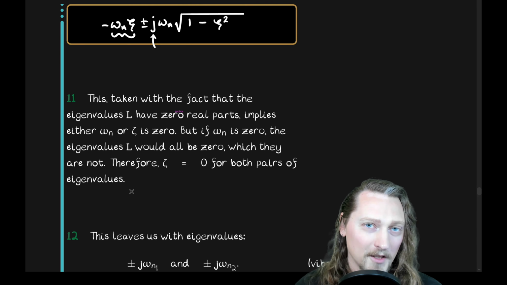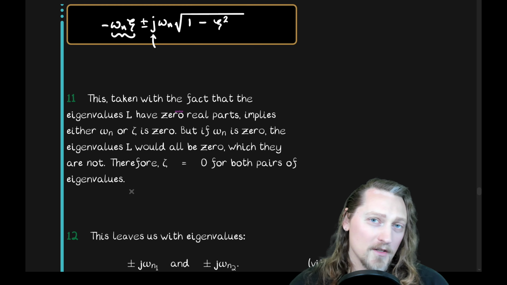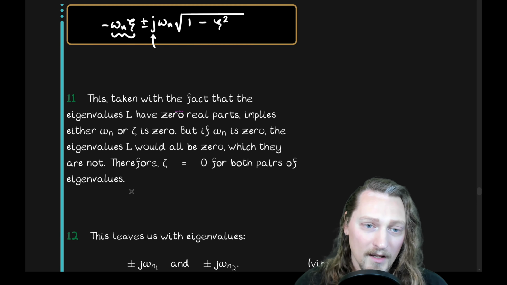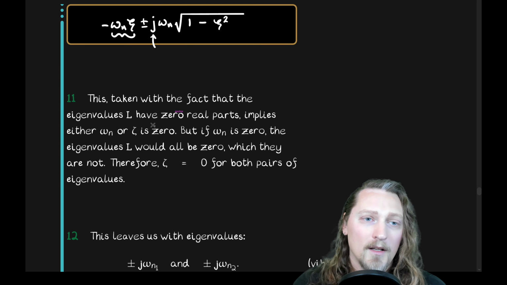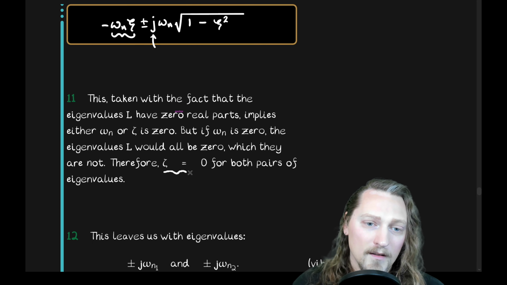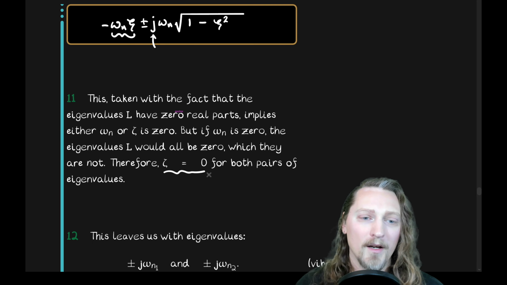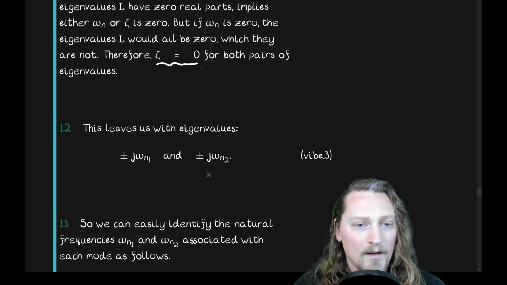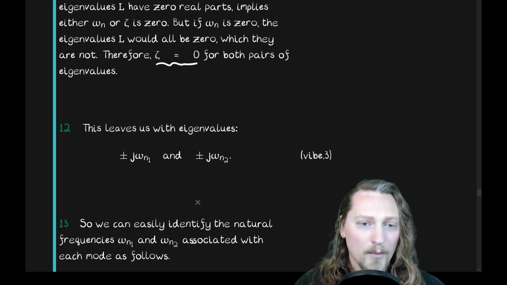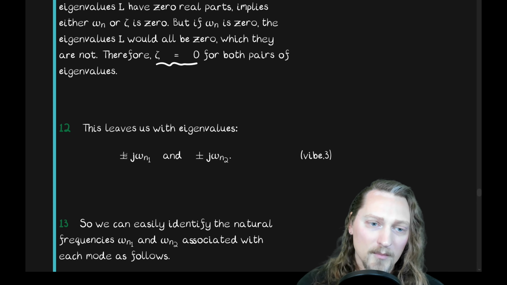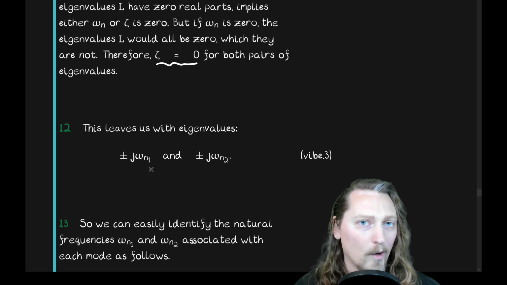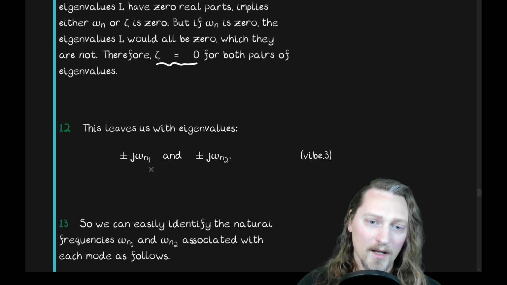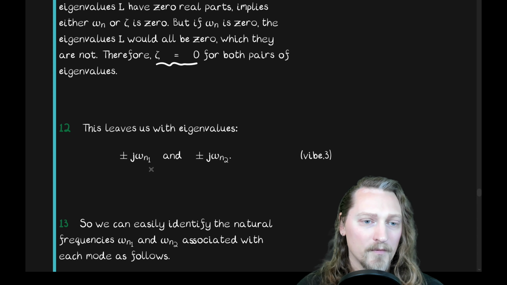And they're not. In our case, we have a non-zero imaginary part, so it can't be the case that omega n is 0. Therefore, zeta is 0 for both pairs of eigenvalues. This leaves us with the eigenvalues plus or minus j omega n1 and plus or minus j omega n2.